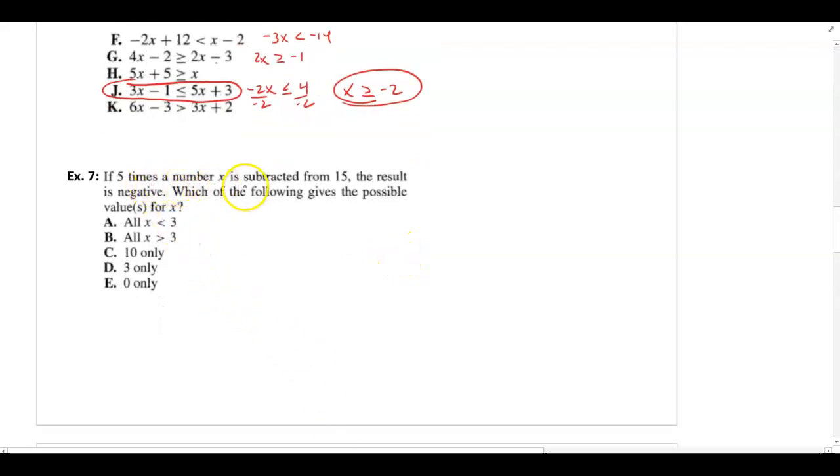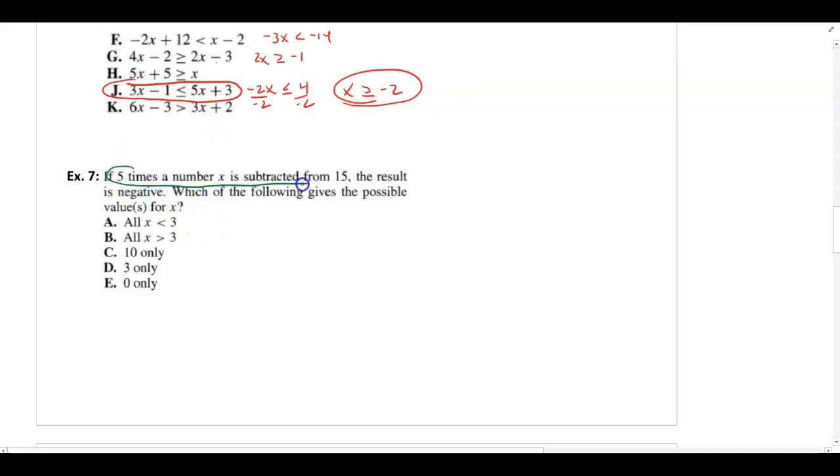And the last example. If 5 times the number x is subtracted from 15, the result is negative. Which of the following gives the possible values for x? So there's a lot of translation that has to go on here. And the tricky part is two things.